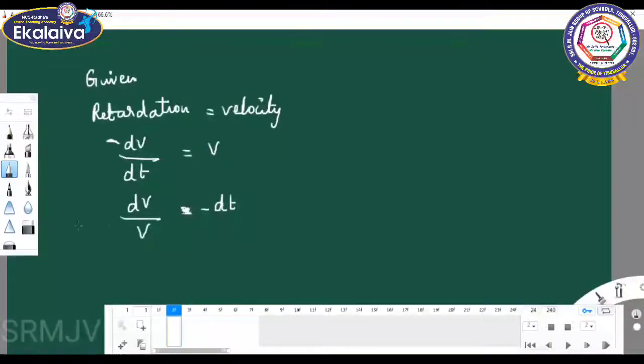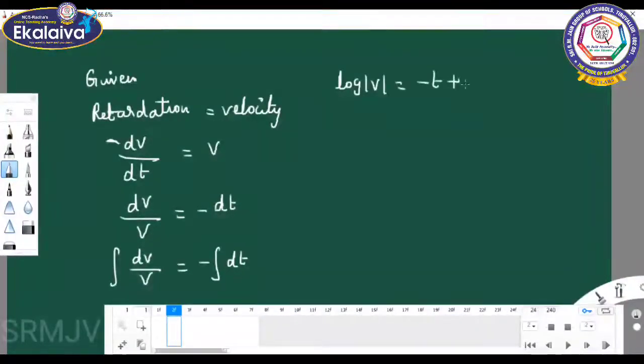Integrating on both sides, integral dv by v equals minus integral dt. So log of mod v equals minus t plus log of mod c.